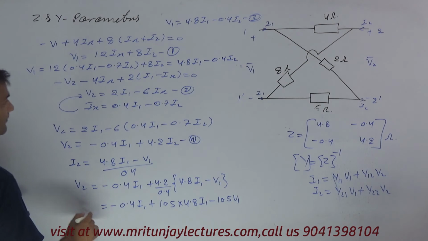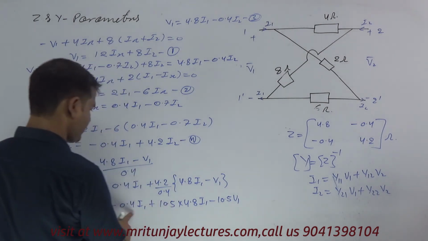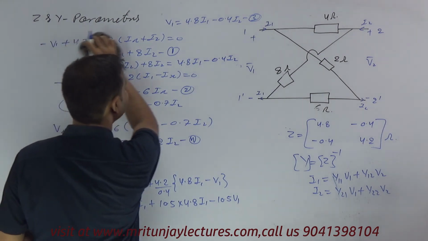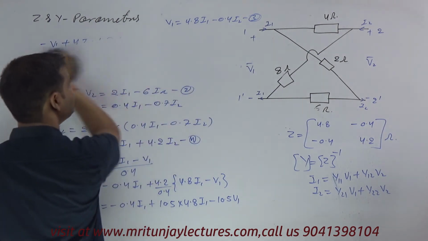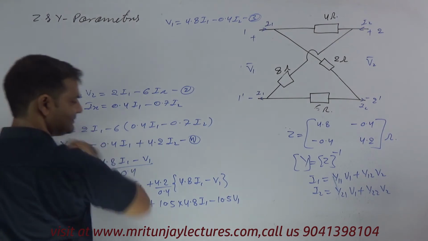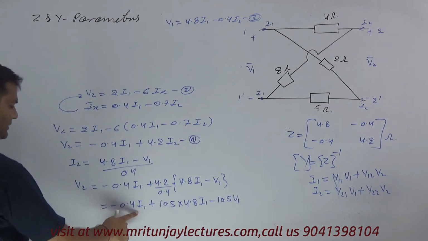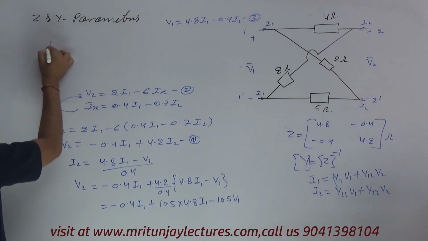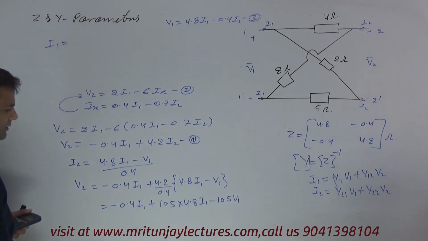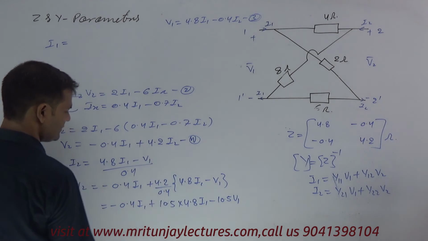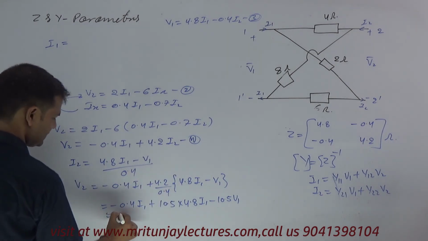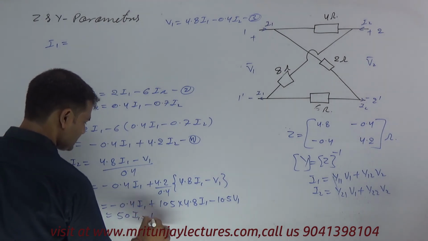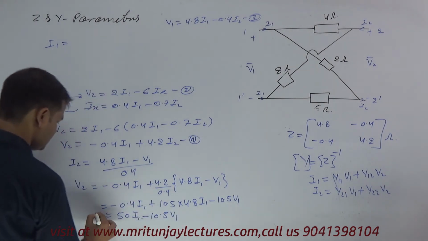So finally we got I1 equal to, that is 50 I1. If that is 50 after solving, that is minus 10.5 V1, this will equal V2.